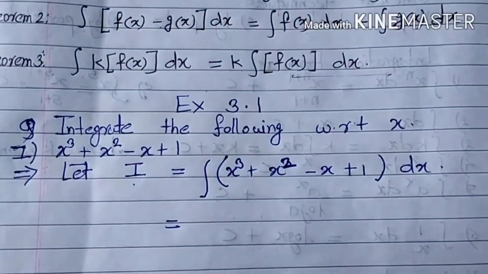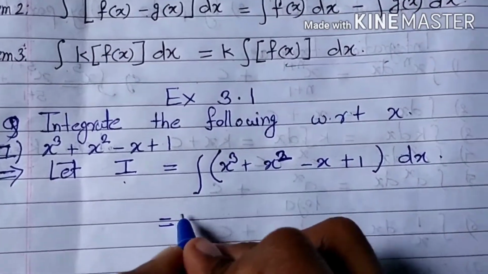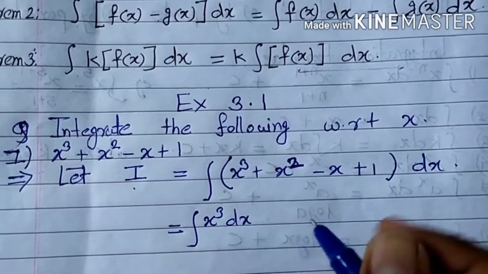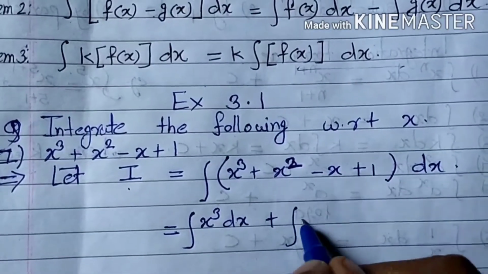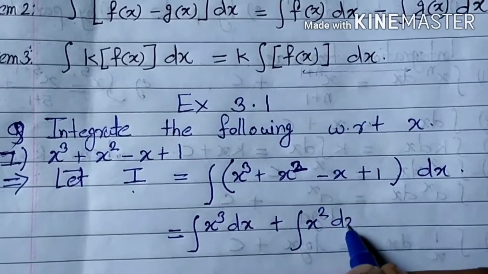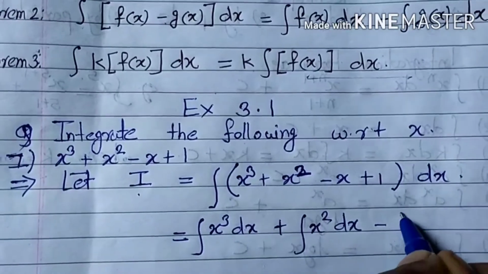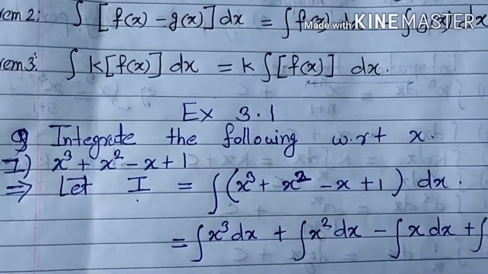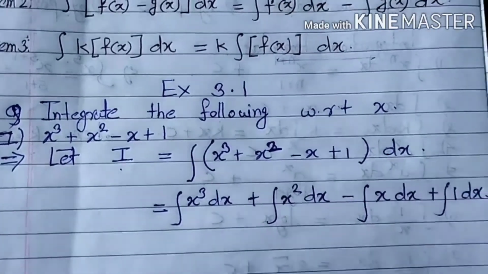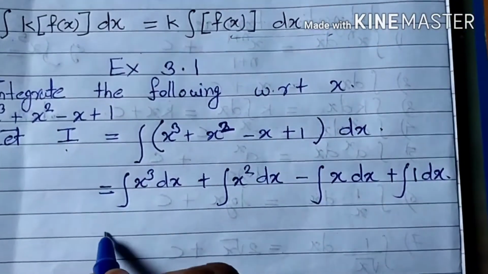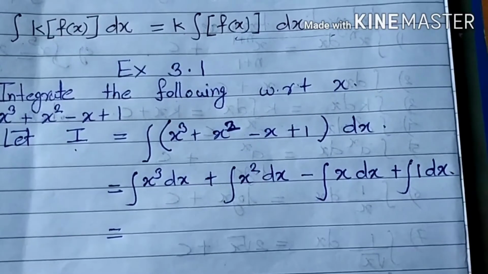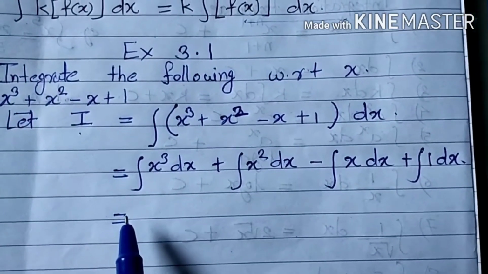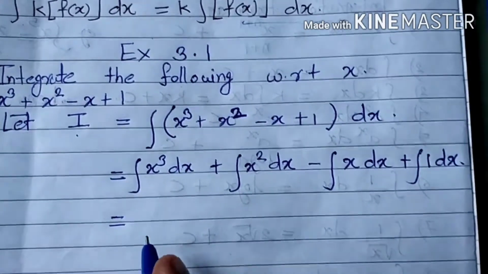So by the addition rule you can separate: integration of x cube dx plus x square dx minus integration of x dx plus integration of 1 into dx. Using our first rule, integration of x raised to n is x raised to n plus 1 upon n plus 1.